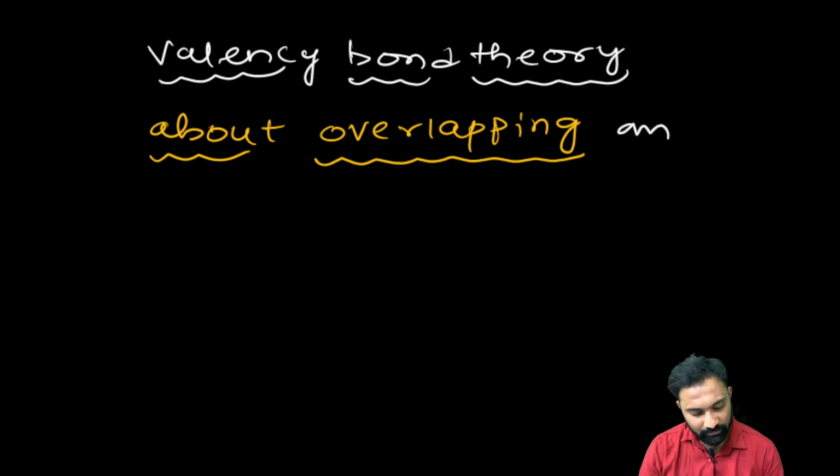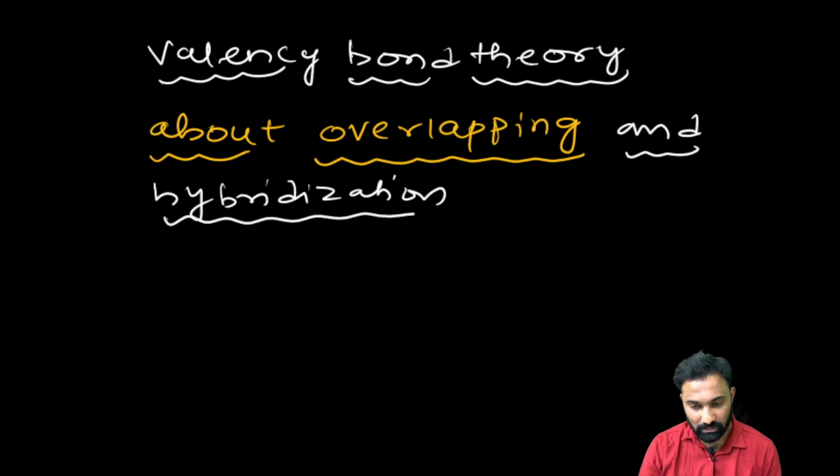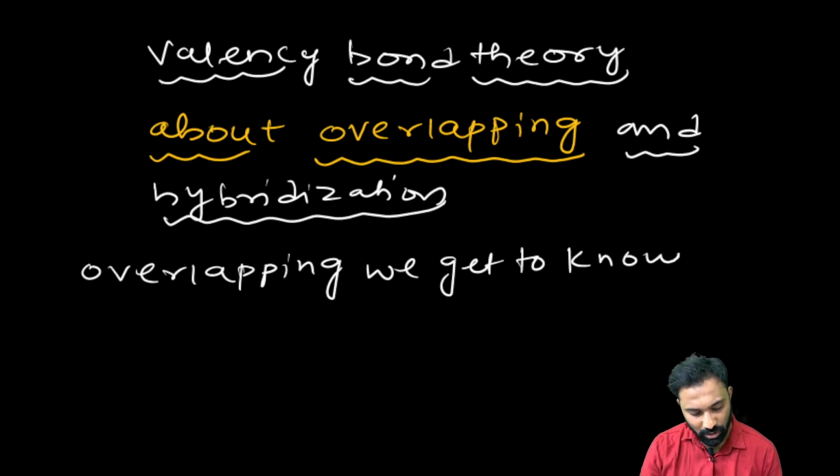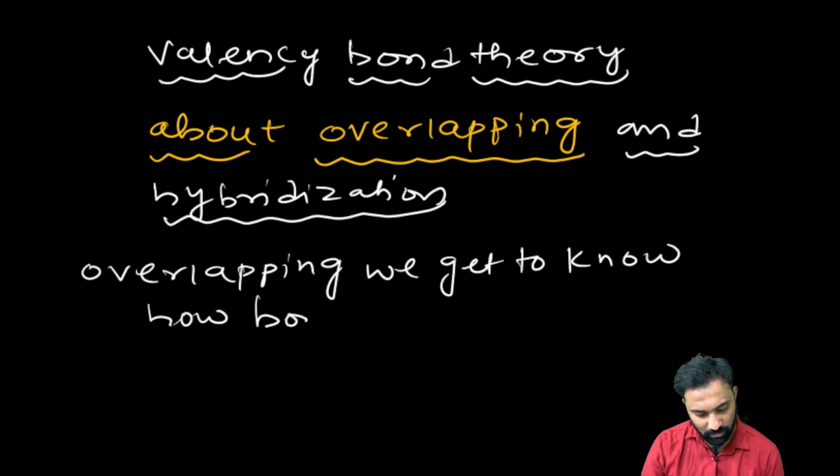Overlapping and next one, hybridization. By studying the overlapping, we get to know how bonds are forming.